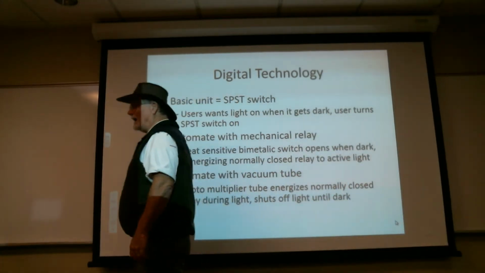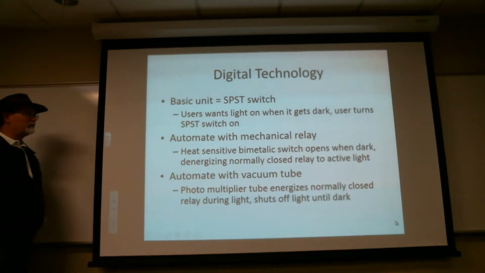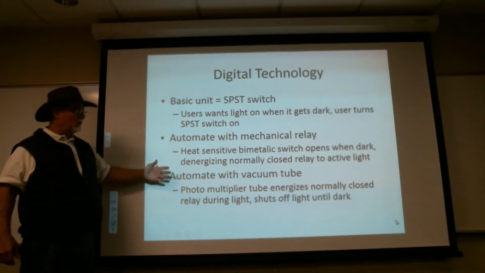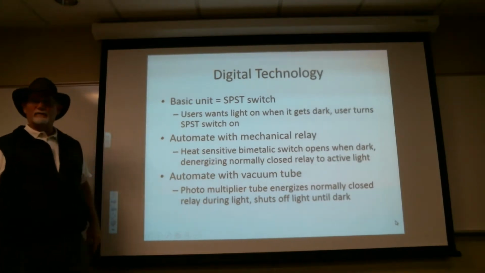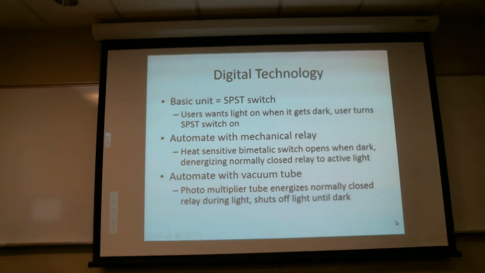Now, early on, we actually did all of this stuff instead of with integrated circuits and silicon and diodes, etc. We actually did it with vacuum tubes. We can make, for example, a photosensitive vacuum tube that, as long as it was being hit by light, would activate a relay that is normally closed.